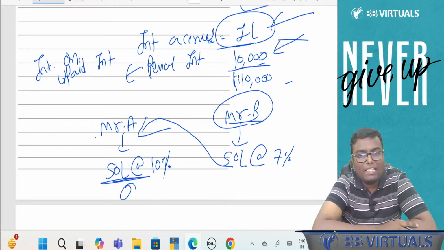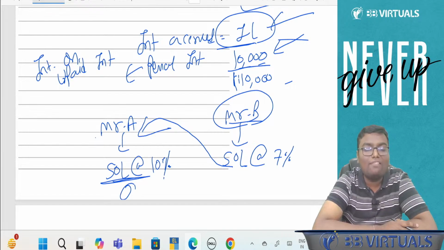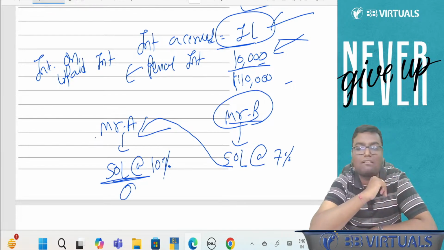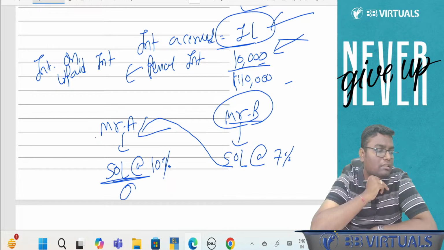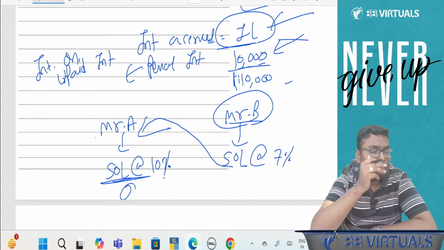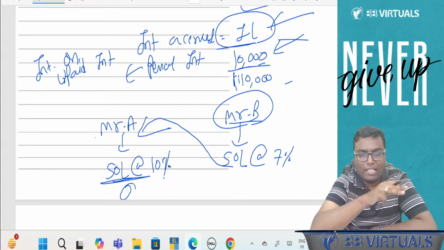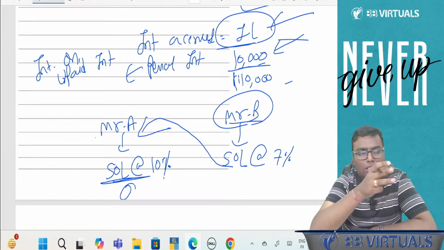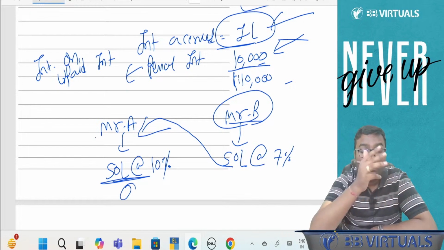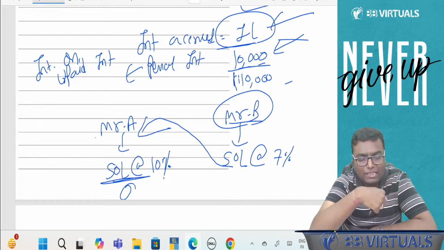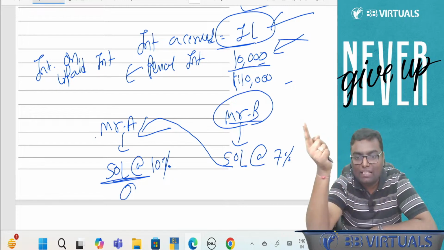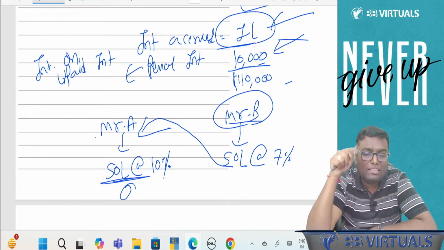Up to now, I was paying interest to Mr. A, which was at the rate of 10%. Now I'm supposed to pay interest to Mr. B only, which is at the rate of 7%. I have reduced my interest by 3%. Now, my doubt is, up to now, I was paying interest to Mr. A. The loan was taken to purchase a house, and that interest was allowed to me as a deduction in 24 clause B. Now I have taken a loan from Mr. B to repay the loan of Mr. A. And now onwards, to whom will I pay the interest?